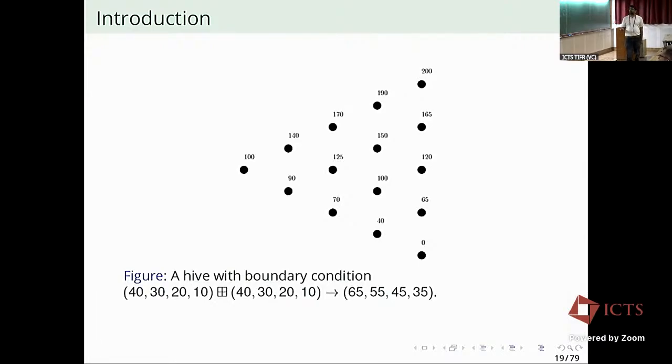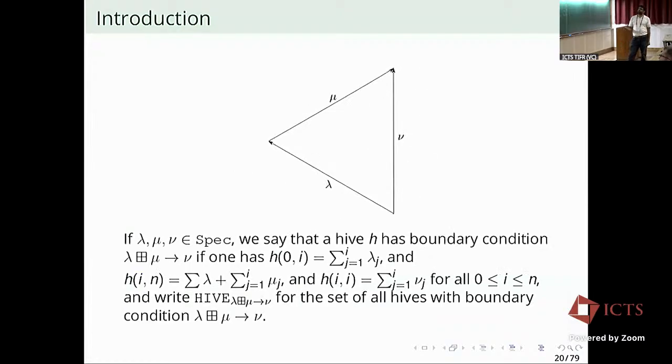So this is actually the same hive that we saw in the first slide. I've just written it sideways because we're going to need it in this fashion. This is a hive with boundary condition 40 30 20 10 plus 40 30 10 20 10 goes to 65 55 45 35. So it's written like this. It's slightly rotated, but it's just the same thing. So if lambda, mu, nu belongs to the spectrum, we say that a hive H has the boundary conditions lambda plus mu arrow nu if all of these things hold.